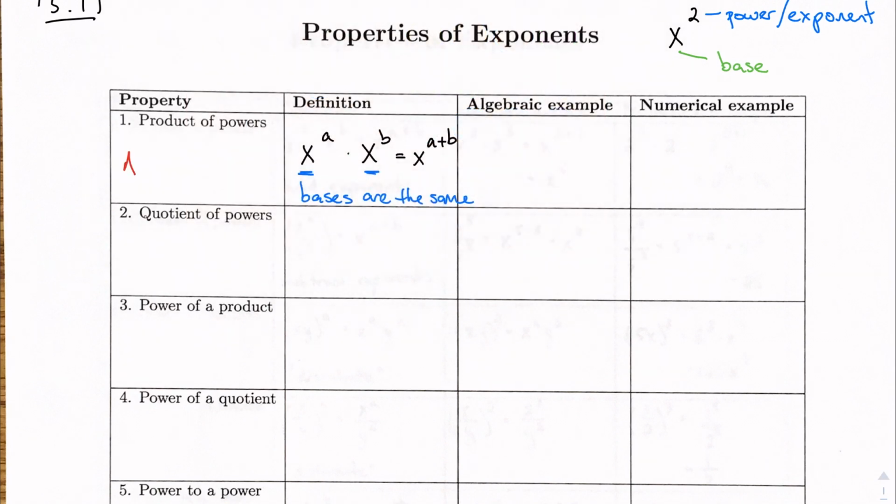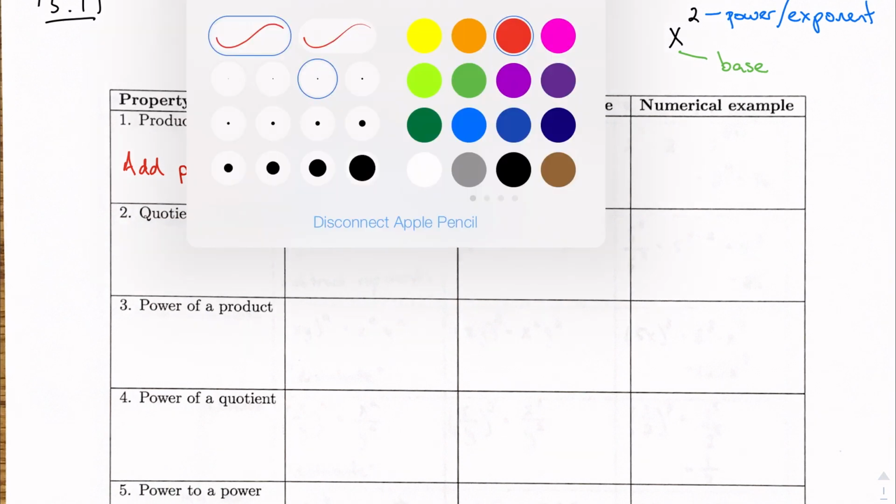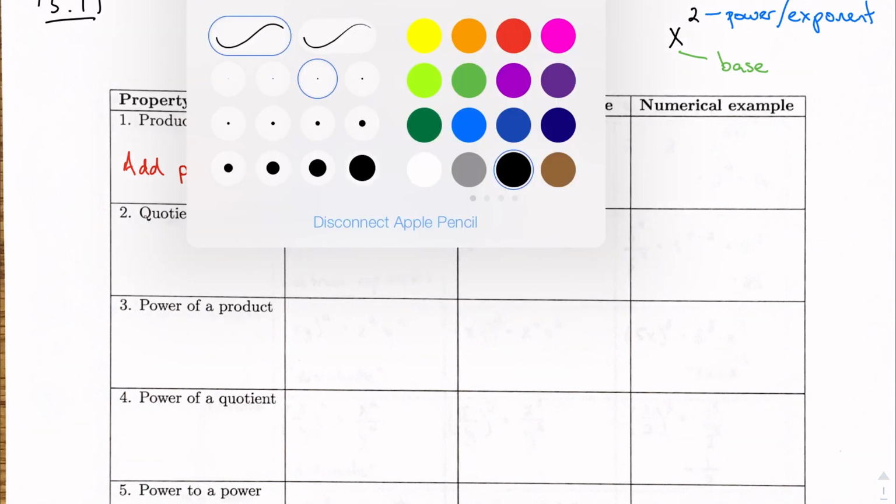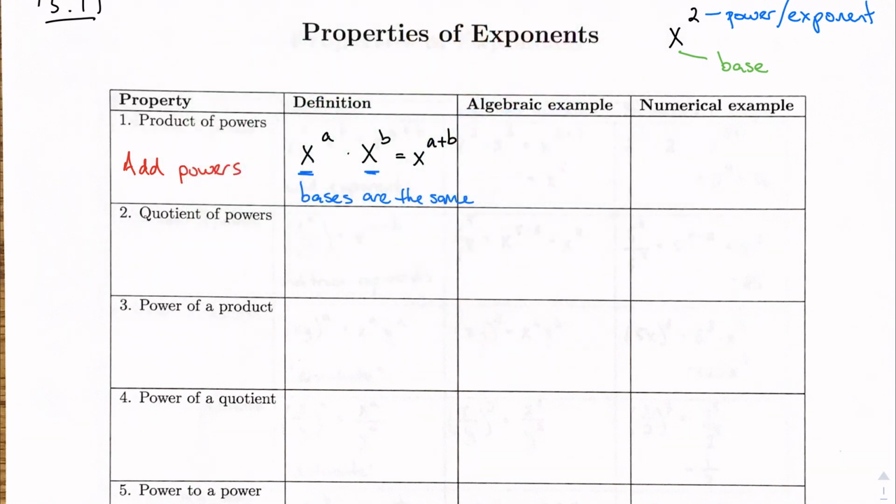So the product of powers, all I need to do is add the exponents together. My algebraic example would be, if I have x squared times x cubed, I'm just going to add those powers together. 2 plus 3 is 5, so x to the 5th.